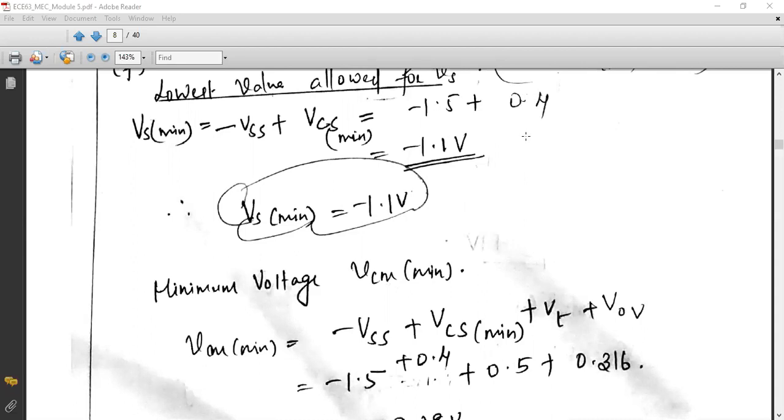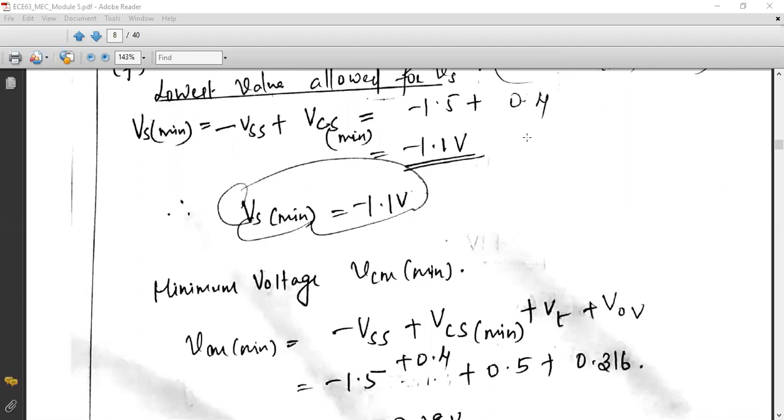Okay. Otherwise, VCS can be considered as 0 while calculating the range limits. Only after calculating the range limits will you be able to proceed and check whether the input lies within the range or not. So that has to be done on a prior basis.